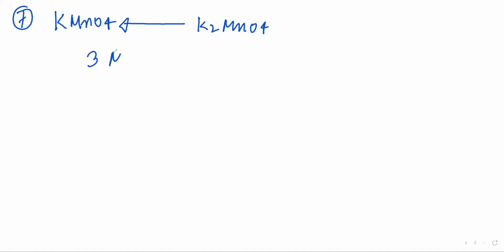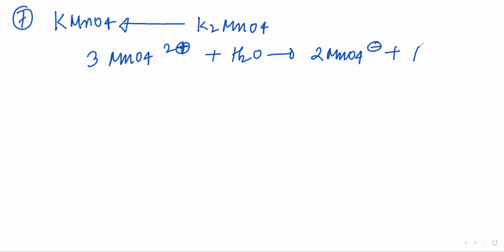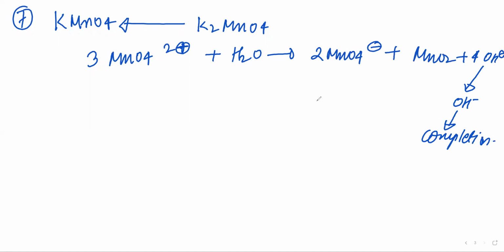It will be 3MnO4 2 minus reacting with water, so it forms 2MnO4 minus plus MnO2 plus 4 OH minus, right? So the reaction can go to completion by removing the OH minus. So after removing this OH minus concentration, this will go to completion, right?